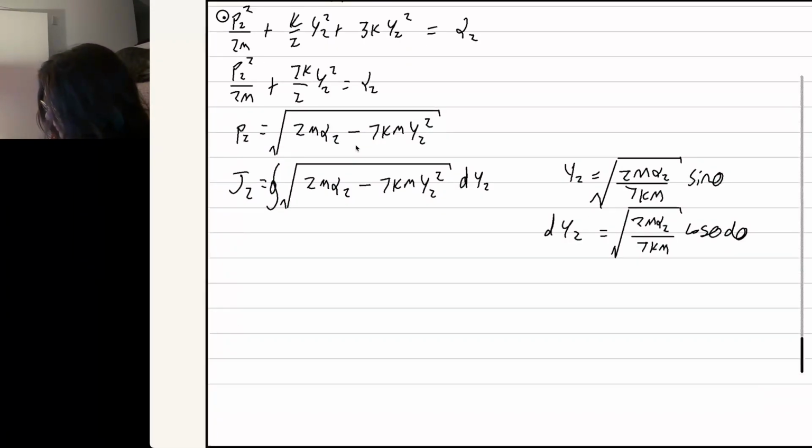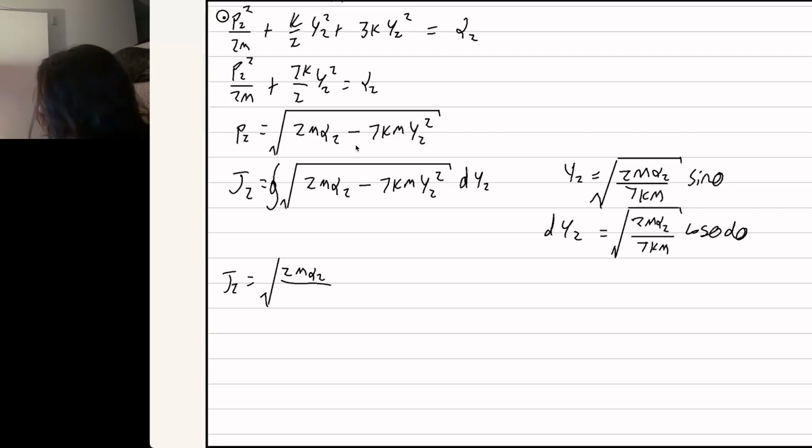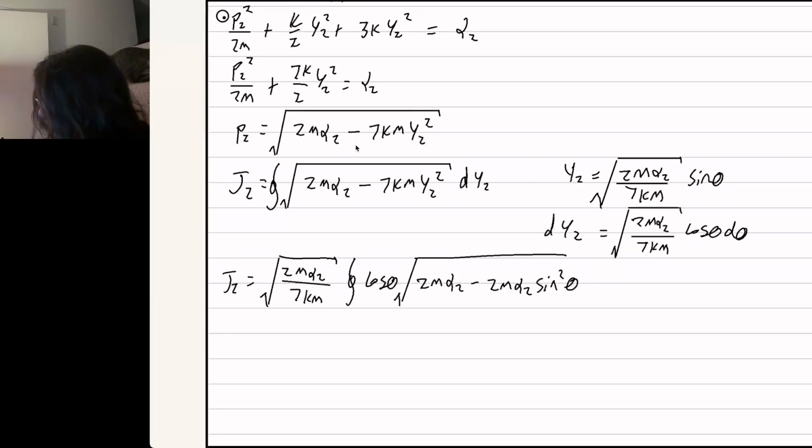Let's plug it in. So J2 equals square root 2m alpha 2 over 7km. And then we have on the inside cosine theta times the square root of 2m alpha 2 minus 2m alpha 2 sine squared theta d theta.